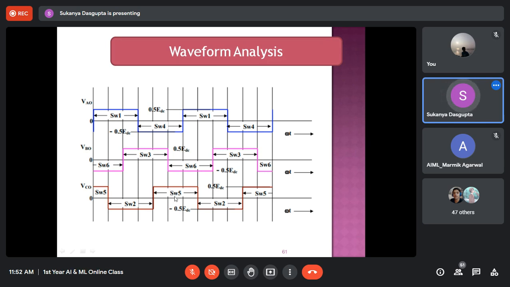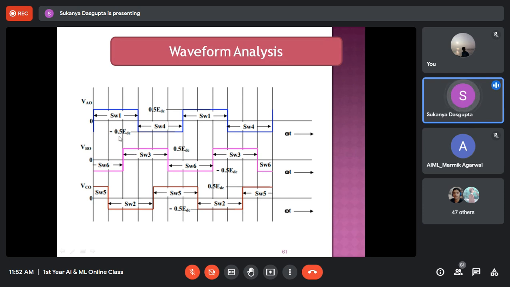Now, these three are balanced three-phase voltages. So these are not phase voltage waveforms. Phase voltages are definitely sinusoidal, right? I have drawn this waveform to make you understand that SW1 will be working for 180 degrees and SW4 will not be working when SW1 is under operation, right?